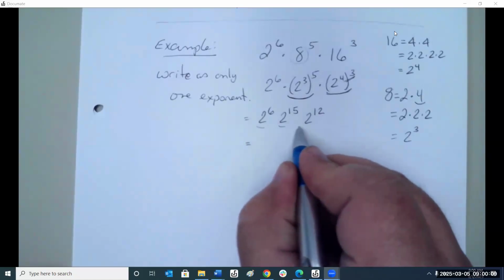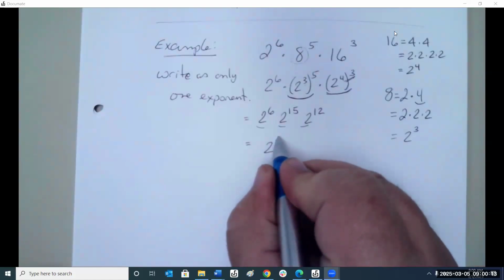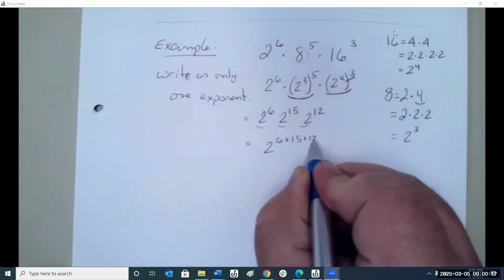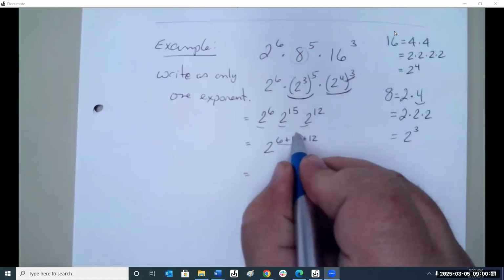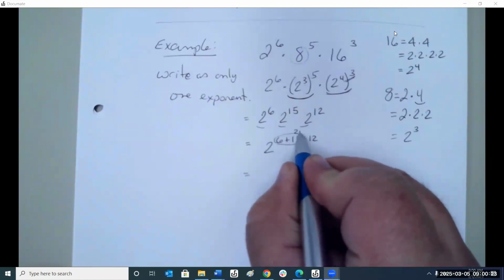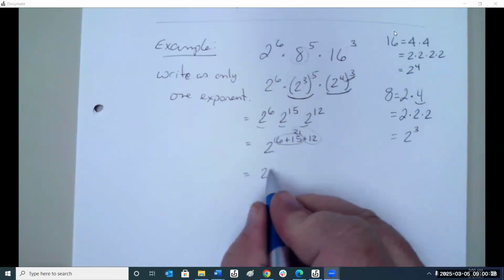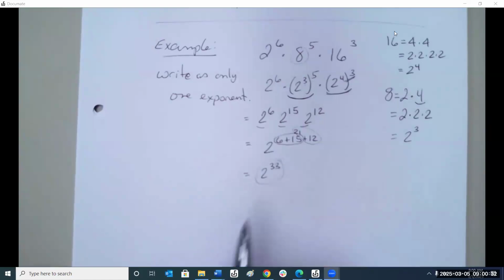Since all of the bases are 2, what do you do with the exponents? You add them. 6 plus 15 is 21. 21 plus 12 is 33. There's your answer.